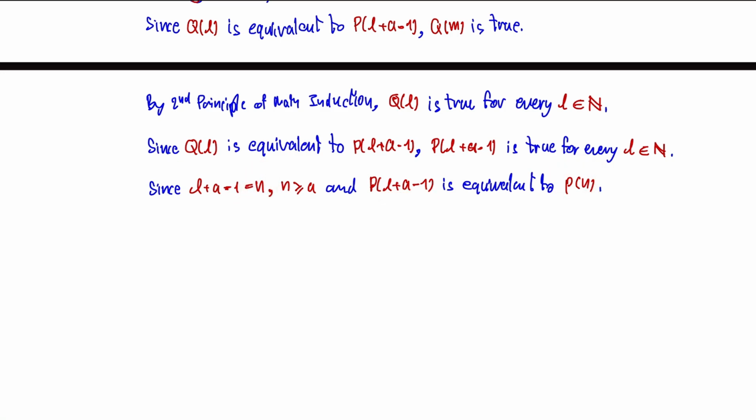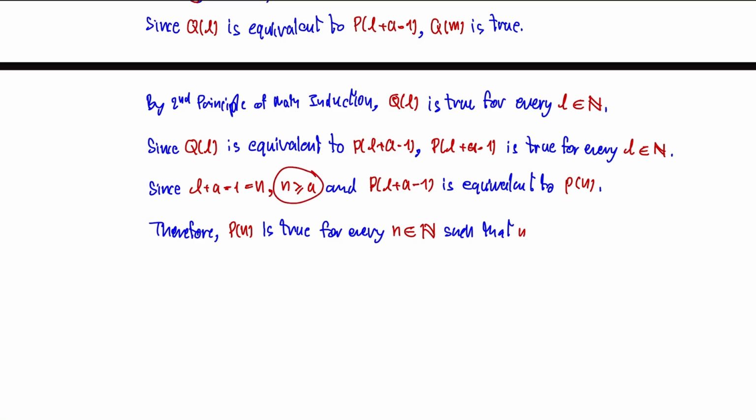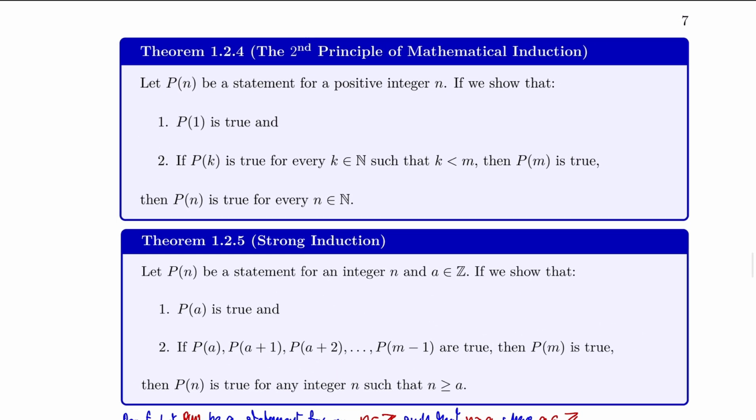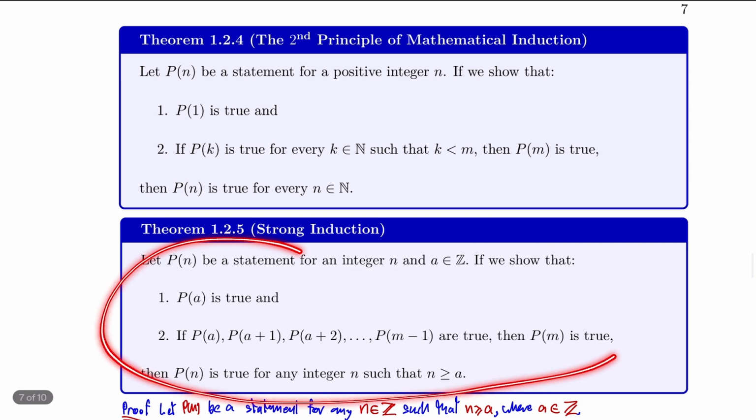So P of n is true for every positive integer n, such that, what is the condition of n actually? n is greater than or equal to a. Okay, and that's the proof of strong induction, or another version of the second principle of mathematical induction.